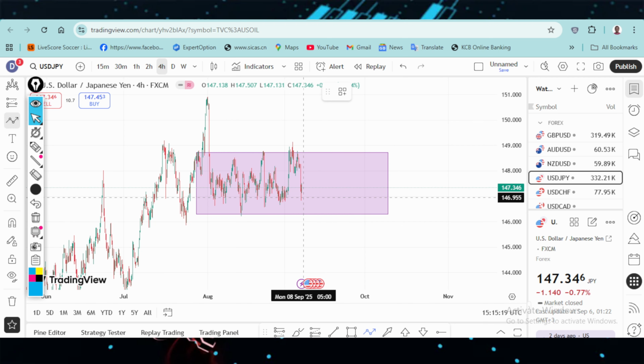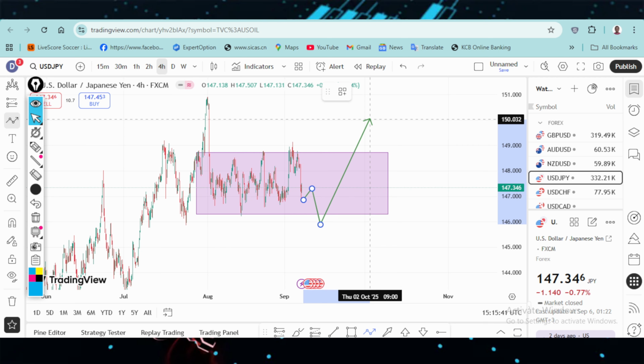But remember, on Monday we are going to have some news coming out, GDP coming out from Japan early morning at 2:50, something around that. What I'm expecting, maybe we shall see a drop to here, then to the upside again.